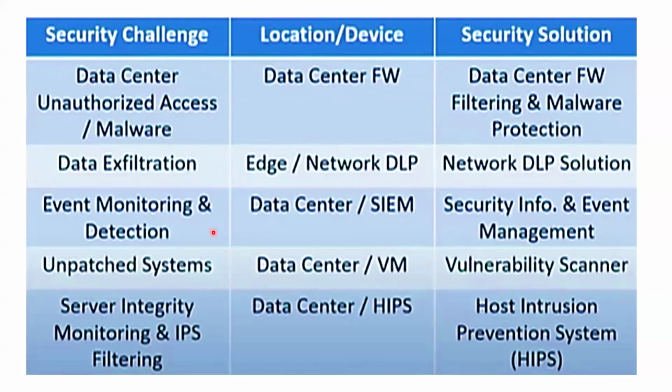Event monitoring and detection is usually done by SIEM solutions at data centers, and SIEM solutions are used to monitor events or trigger events. Unpatched systems are usually at the data center, and vulnerability scanners are used to identify them. Then for server integrity and monitoring, IPS filtering at the data center and host intrusion prevention systems are used.